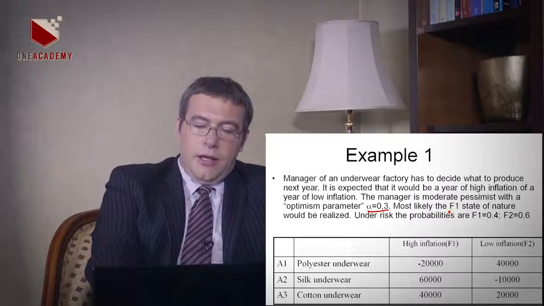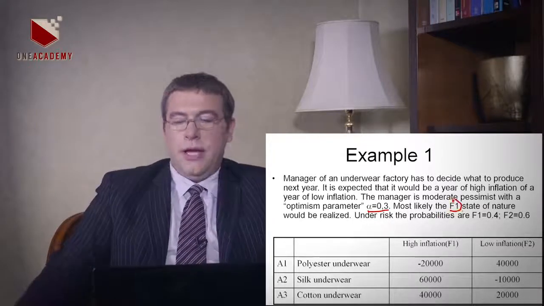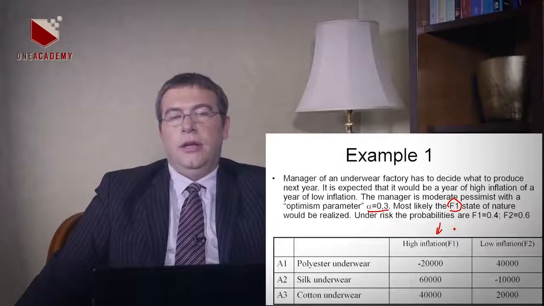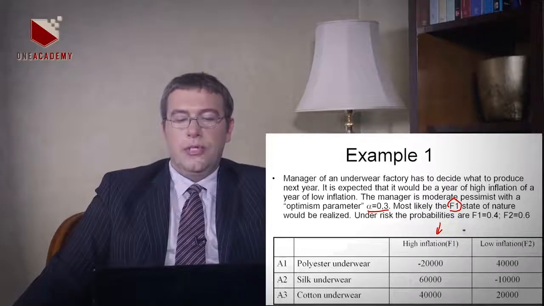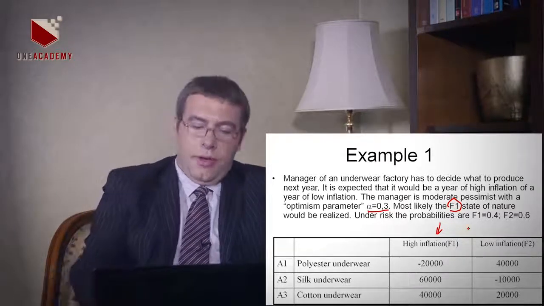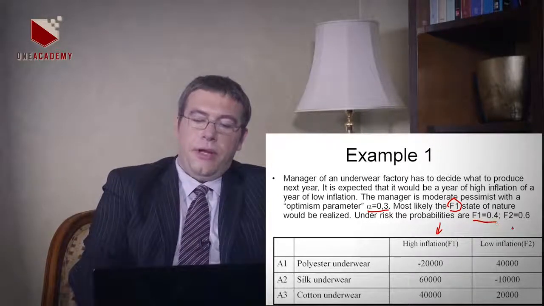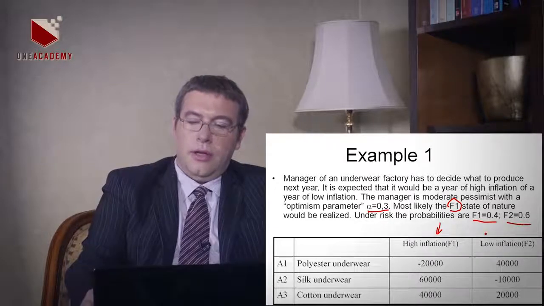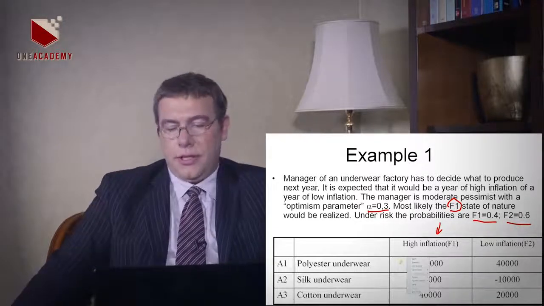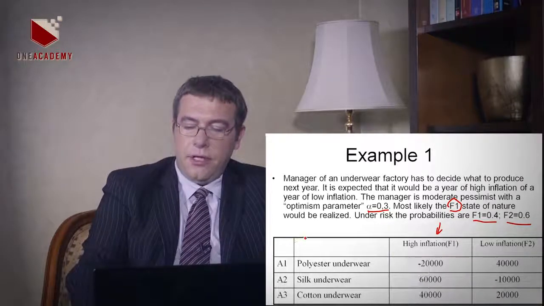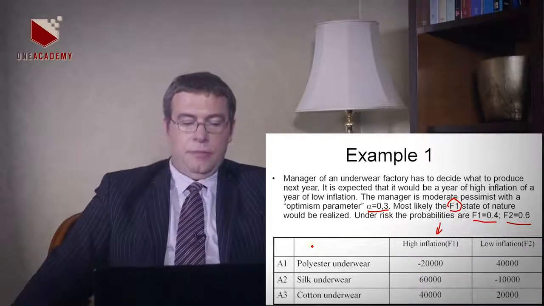Most likely, the F1 state of nature would be realized, which means that under certainty, we're going to use this column denoted F1. And under risk, the probabilities are F1 equal to 0.4 and F2 equal to 0.6, where F1 is the high inflation state of nature and F2 is the low inflation.